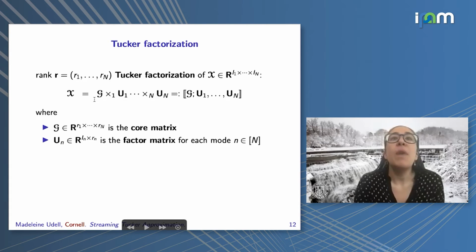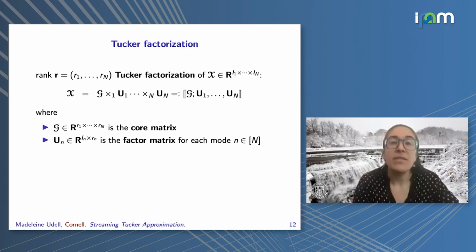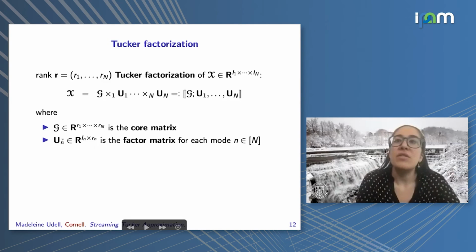It takes a smaller tensor, G, which has dimension Rn along the nth mode, and that's called the core tensor, and it projects up into the big space of the tensor using these factor matrices Un for each mode n.